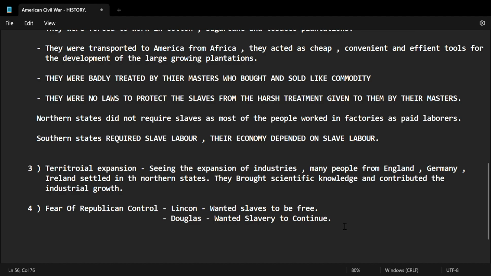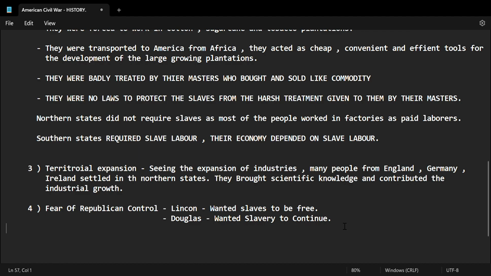So just before the elections had finished, seven southern states, namely South Carolina, Mississippi, Florida, Alabama, Georgia, Louisiana, and Texas, declared their secession from the Union and established a southern government. An entirely new government they made, and they left the Union.